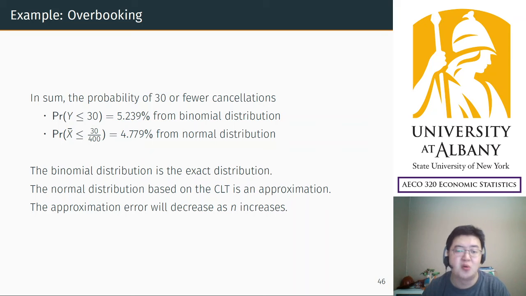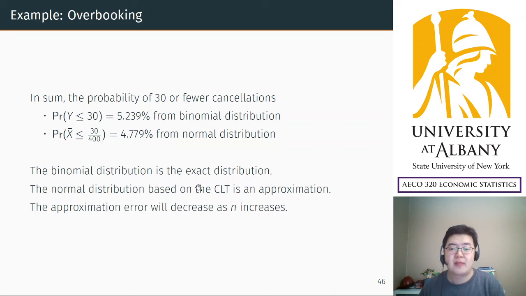And so the difference is the approximation error, approximation to a normal distribution, and this error is just a matter of convergence. If n, the sample size, increases, the approximation will be more accurate. So the approximation error will decrease as the sample size increases.